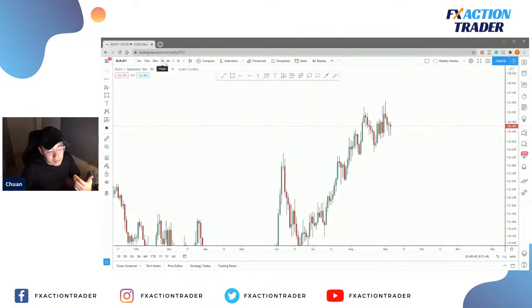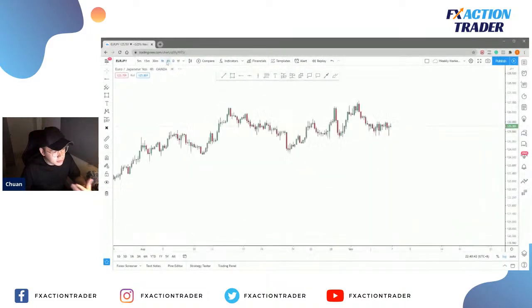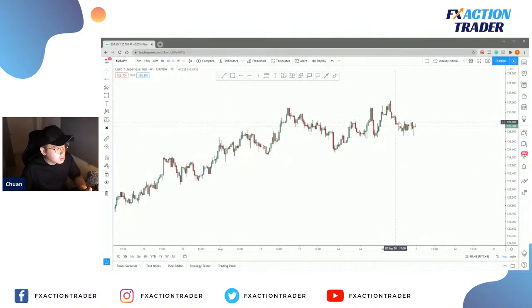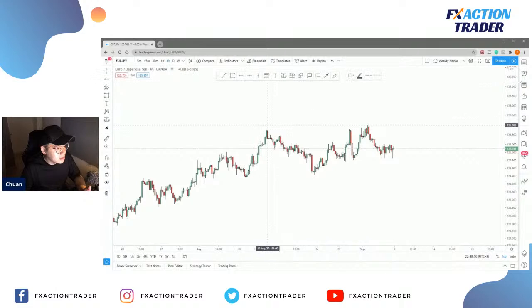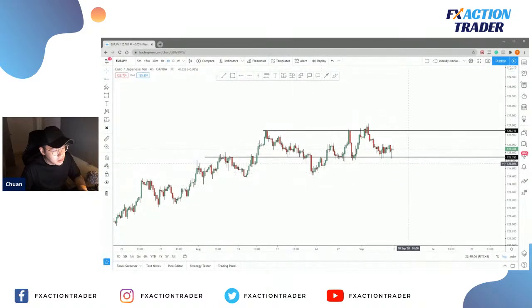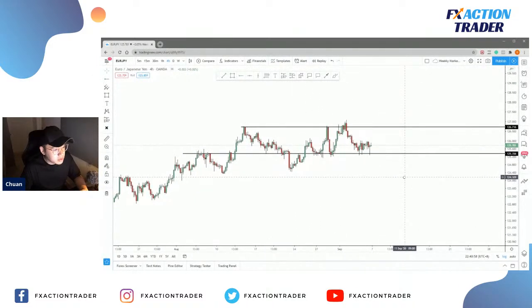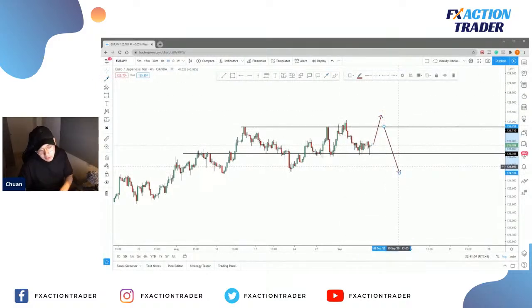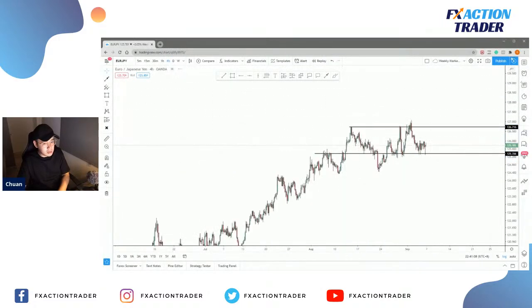So we do not assume that a double top is formed just based on the level that the market was not able to break through. On H4, what I see is the market is still in a sideways movement between these two levels. So what we can do is just wait for a break of structure, either up or down. This pair I will just keep in view for this week until I see a better signal here.